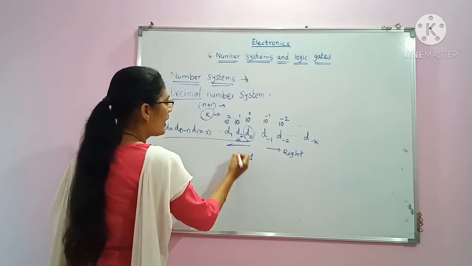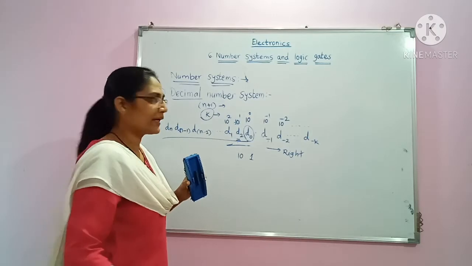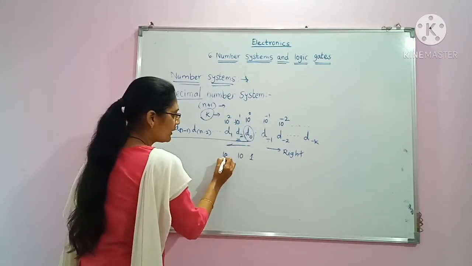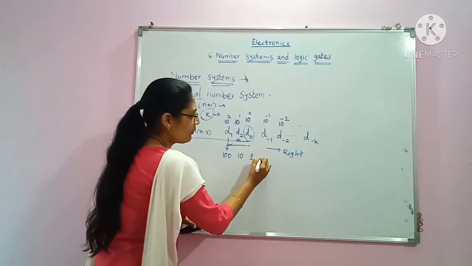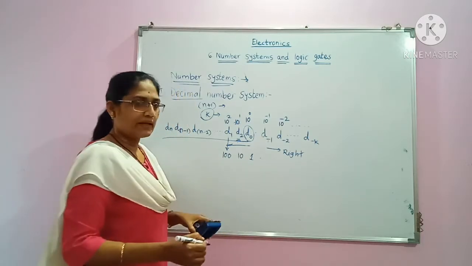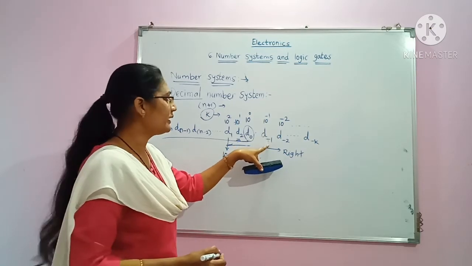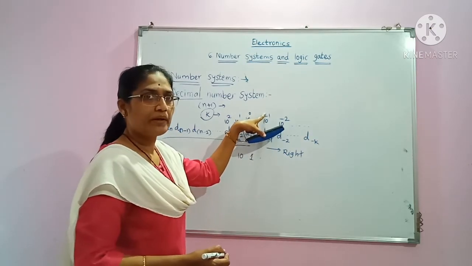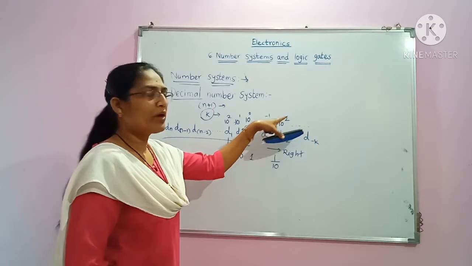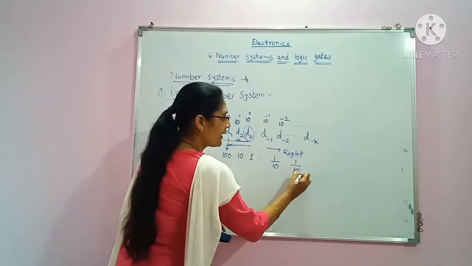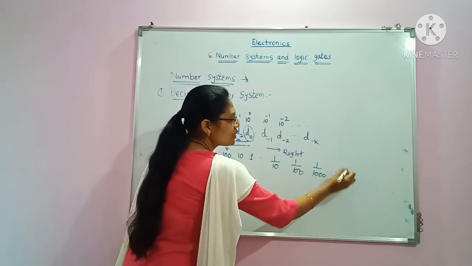Then next, I am multiplying with 10 raised to 1, which means I have to multiply it with 10. 10 raised to 2 means I have to multiply this digit with 100. Like that, if I move towards the right, I have to multiply this digit, that is the d minus 1 digit, with 10 raised to minus 1. 10 raised to minus 1 means 1 by 10. 10 raised to minus 2 means 1 upon 100. 10 raised to minus 3 means 1 upon 1000, and so on.